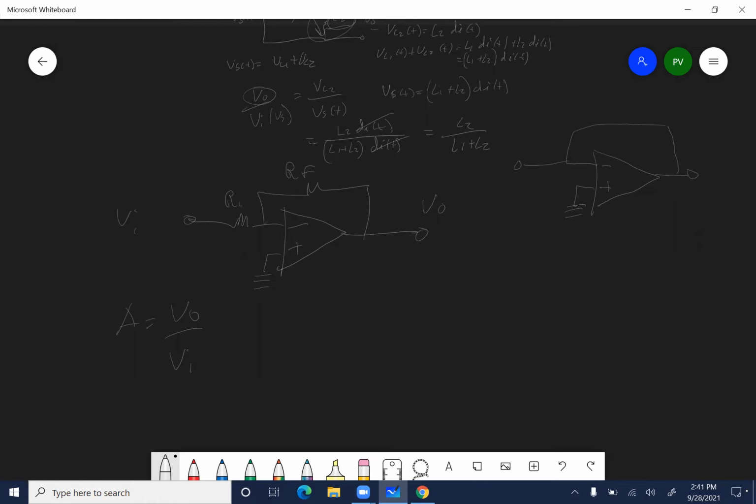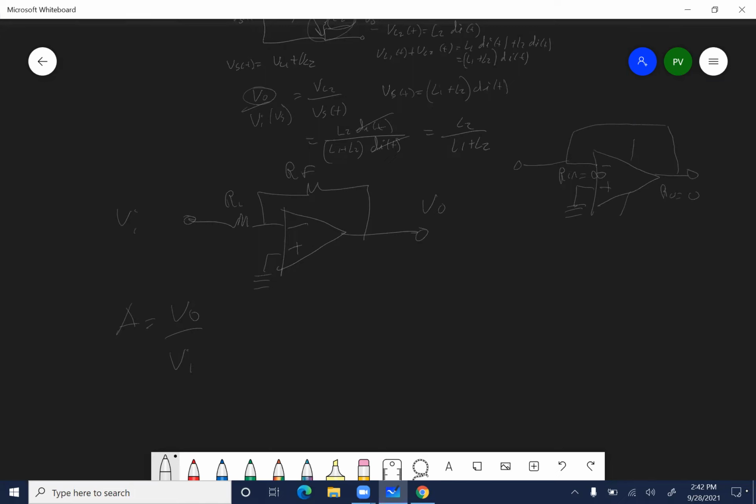It buffers it, so the incoming stage doesn't really have to provide any power to the next stage. The buffer doesn't do anything to it, it just makes the gain 1. The output is 1, and it kind of slows things down a little bit for you, if you will. That's the reason why it's called a buffer.